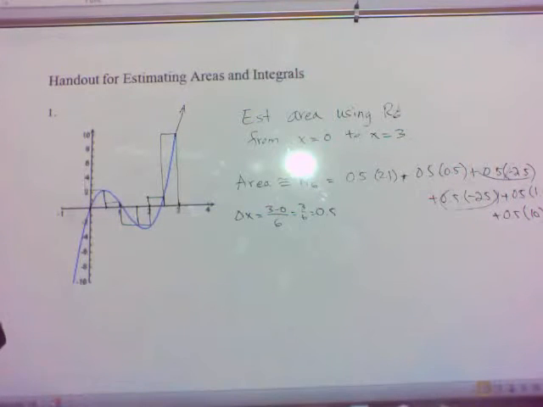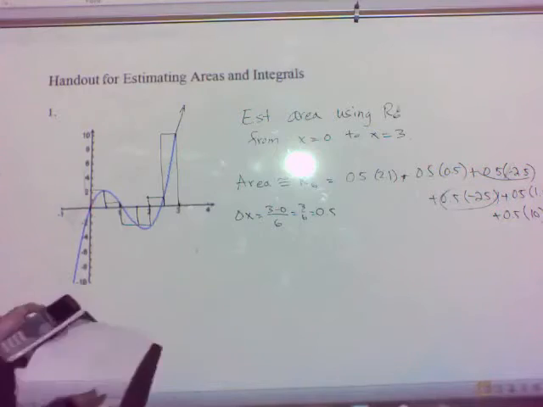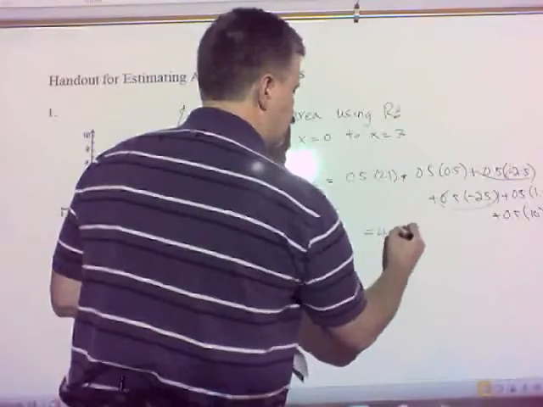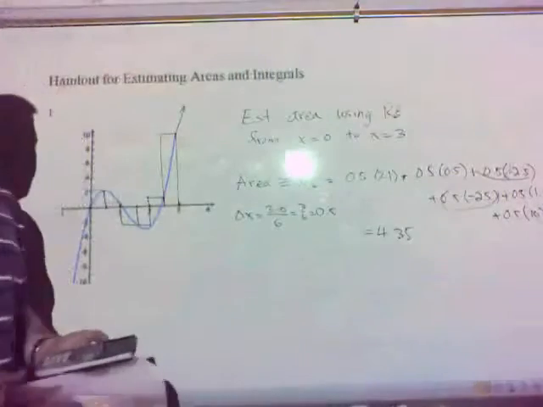And then we got, what, 2.1, 0.5 again, negative 2.5, another negative 2.5, 1.1, and 10. I get that to be 4.35. R6 is 4.3. Anybody else get close to that?